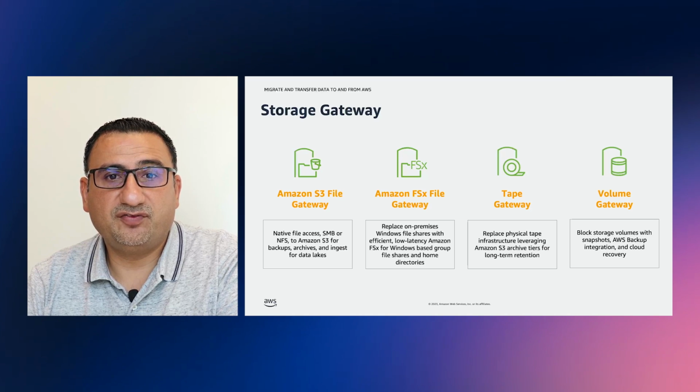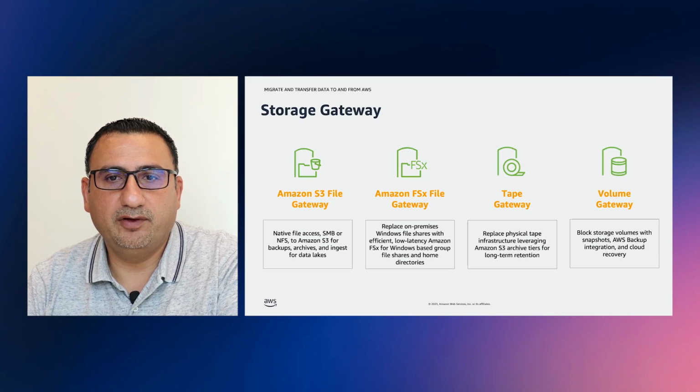Now, Amazon FSx File Gateway optimizes on-premises access to Windows file shares on Amazon FSx, making it easy for users to access FSx for Windows File Server data with low latency while conserving your bandwidth.